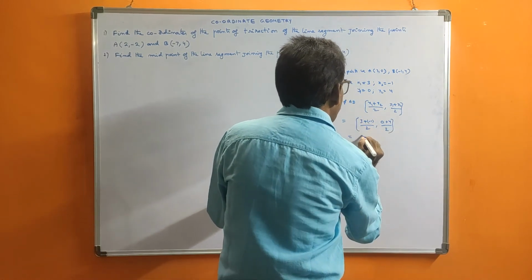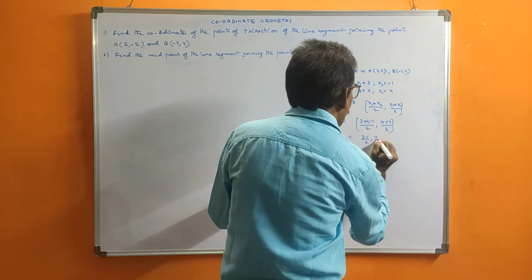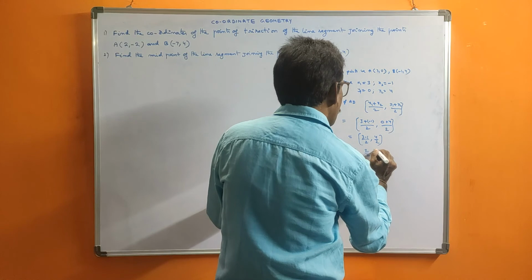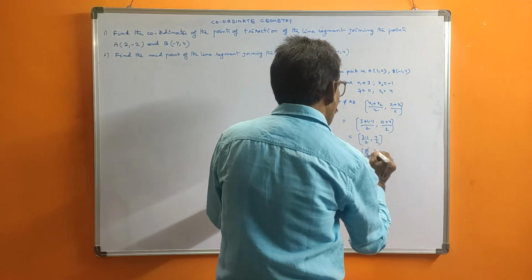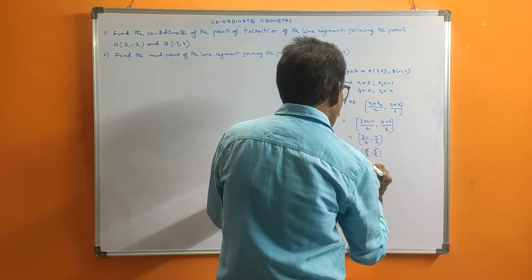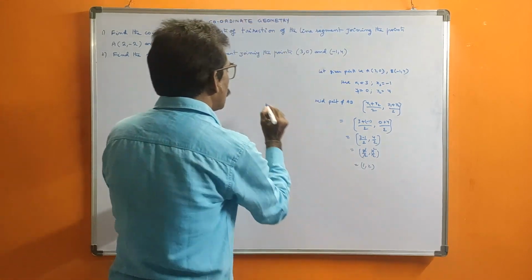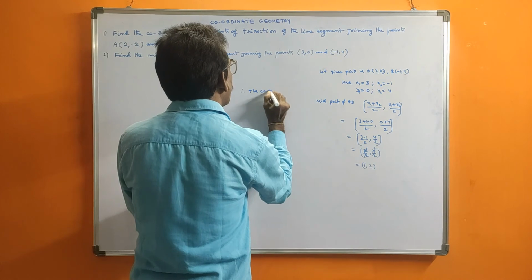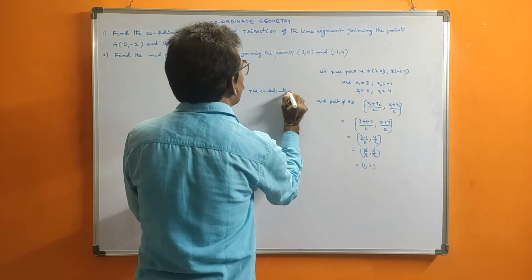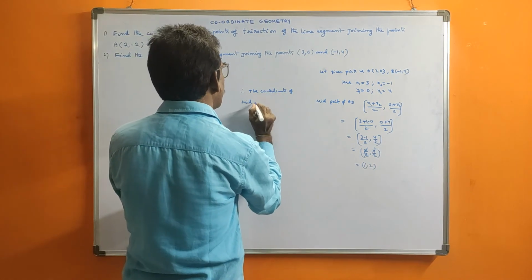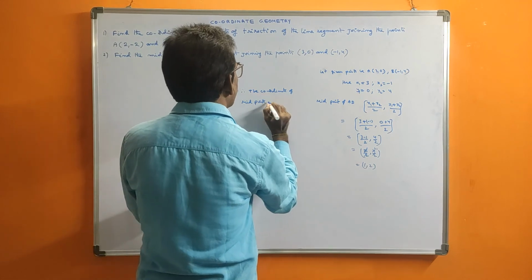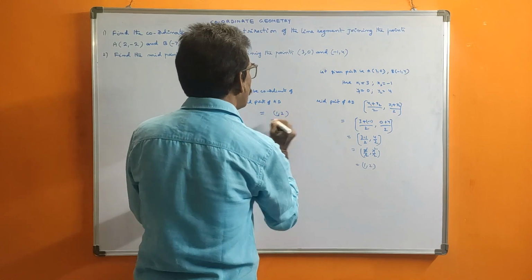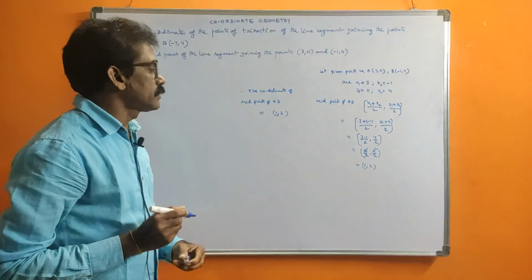That is 2/2 and 4/2, which is (1, 2). Therefore, the coordinates of the midpoint of AB are (1, 2).